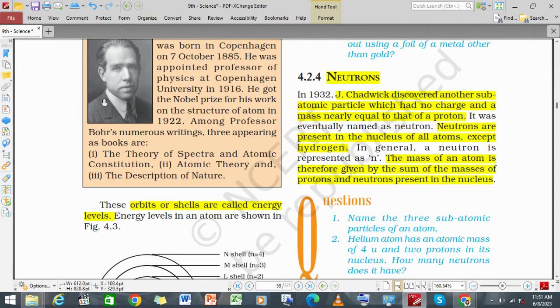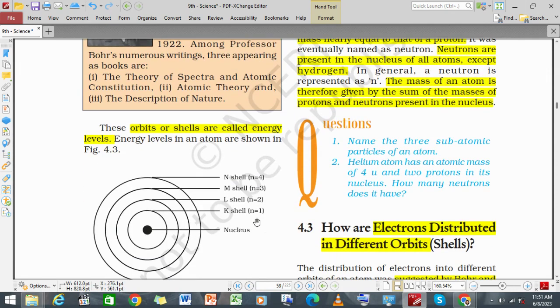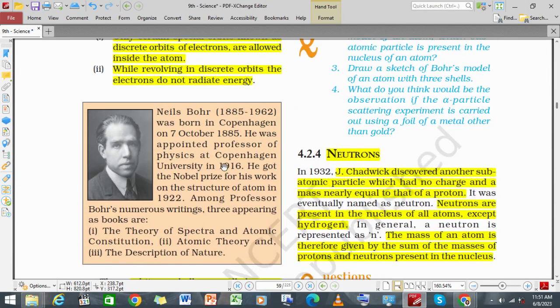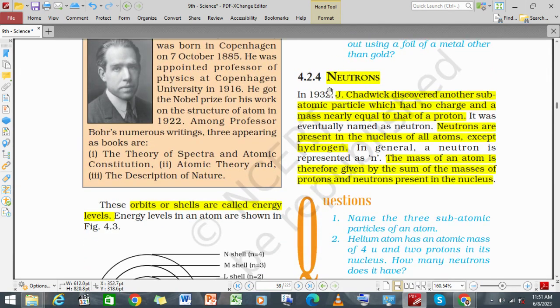Niels Bohr gave the model of the shells, the energy shells inside the atom. And now the neutron. J. Chadwick discovered another subatomic particle which has no charge and a mass nearly equal to the proton. The proton is already about 2000 times heavier than the electron, and now there is another particle, the neutron, which is equal in size to the proton.